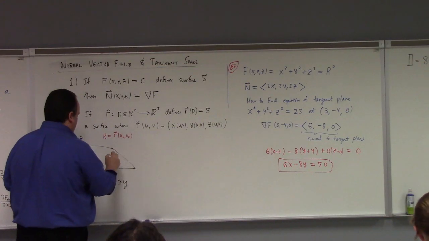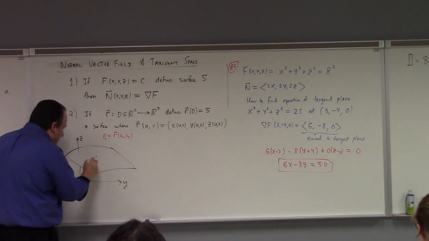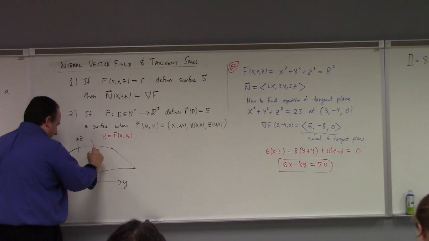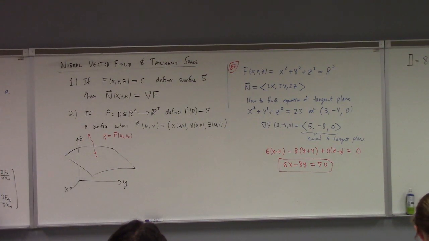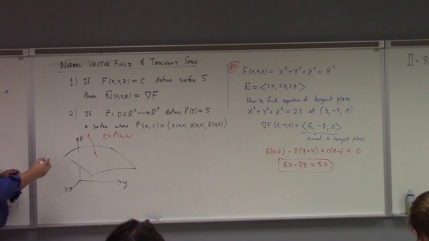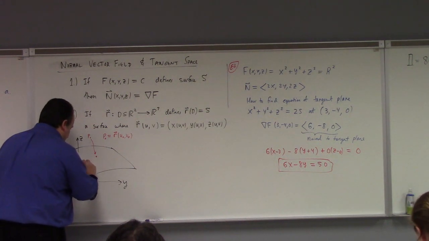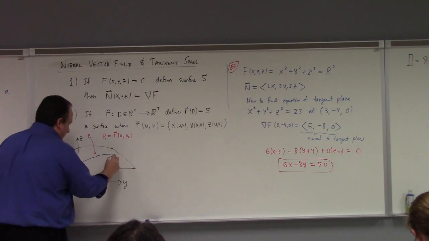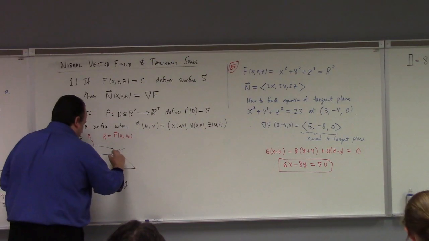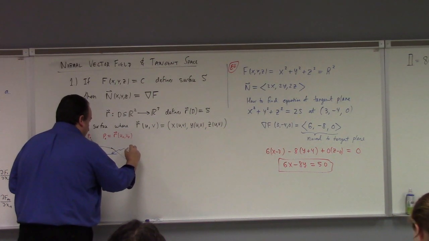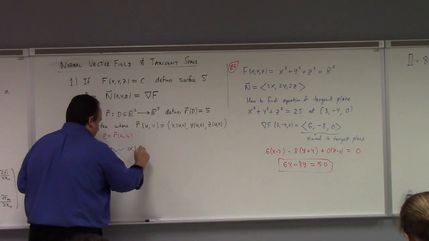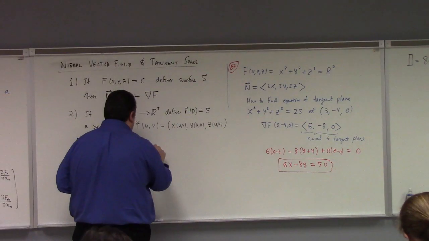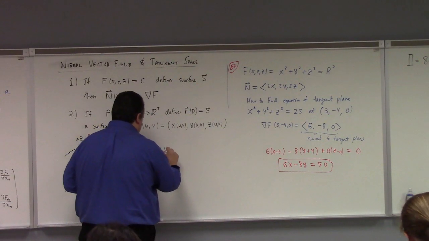So there's a particular point right here, that point P naught. If you think about it, I can run two different kinds of curves through there. I can run this kind of curve, where a typical point on here is given by, let me call it alpha, Alpha of U is equal to R of U comma V naught.